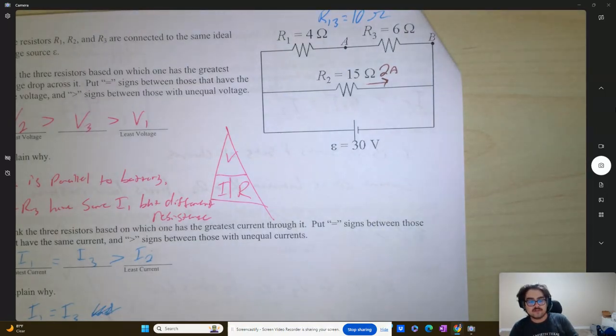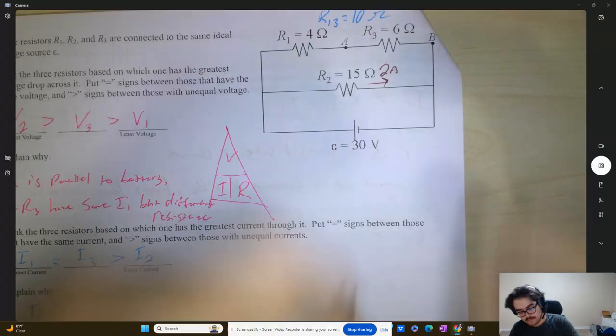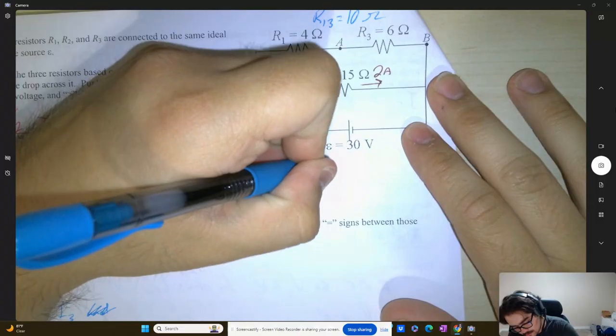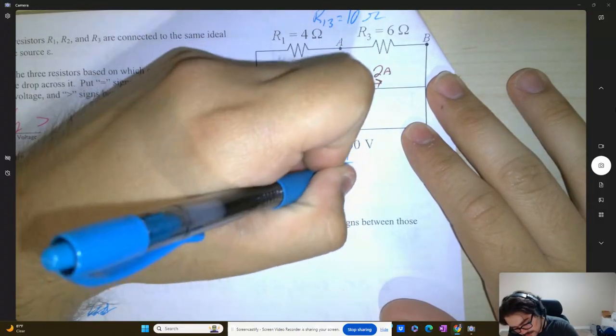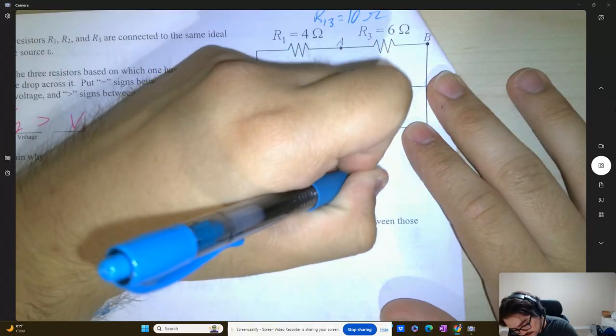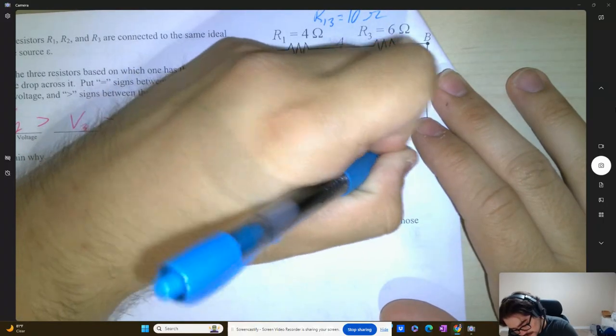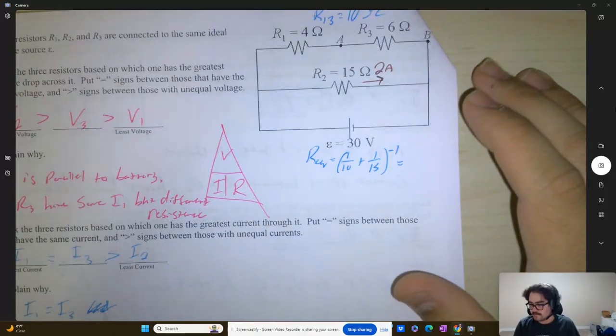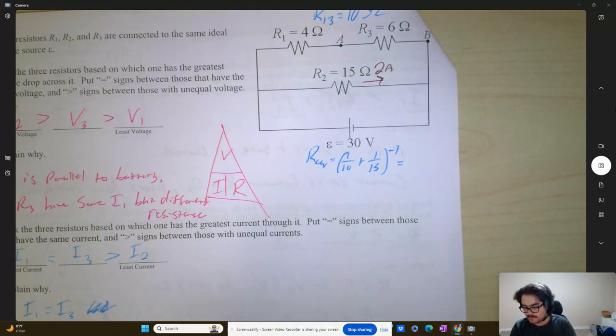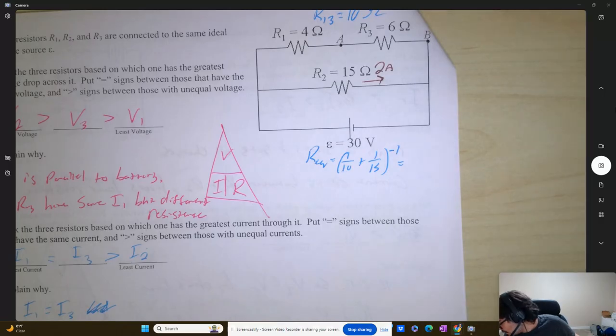So if we do REQ equals 1 over 10 plus 1 over 15, we can get the equivalent resistance of that. And that will help us get the total current, and we can use some of the Kirchhoff's laws to then solve for the total amount of current.